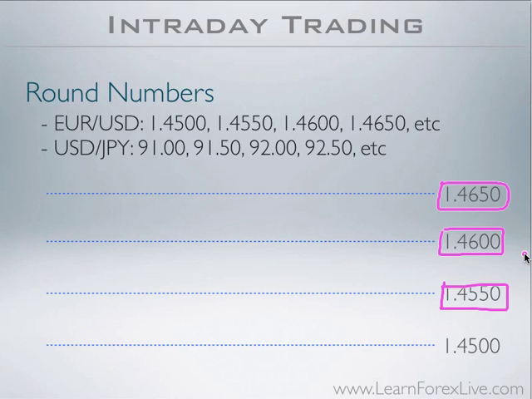At any rate, price is bound to react off those levels because once price touches them, thousands of lots around the world from those big institutional traders, thousands of orders, are triggered immediately, and price therefore is bound to react off those levels.